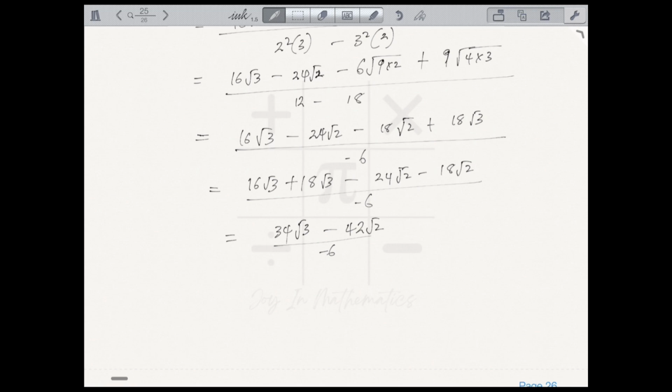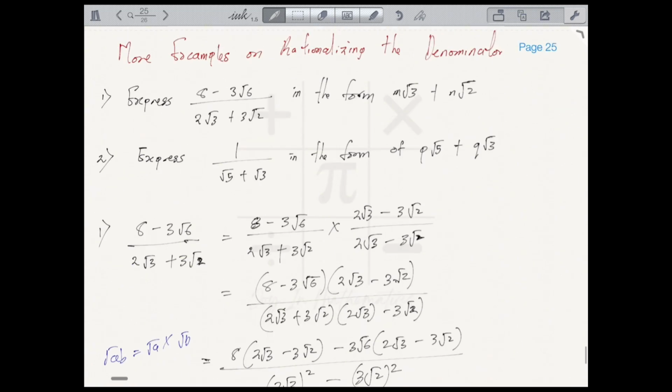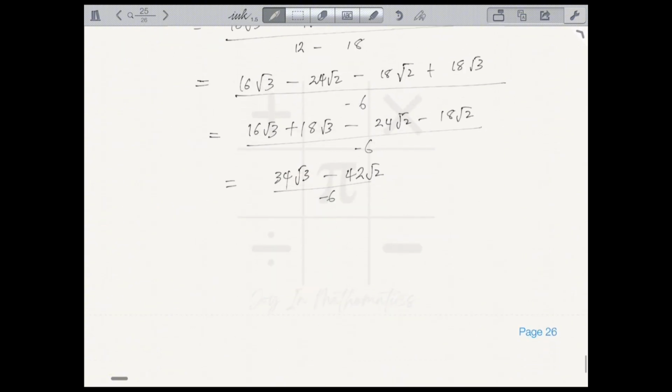Now the form that we are asked to reduce it to is m root 3 plus n root 2. So let's put it in mind: m root 3 plus n root 2. Therefore, we can say this is 34 over minus 6 root 3, minus 42 divided by minus 6 root 2.